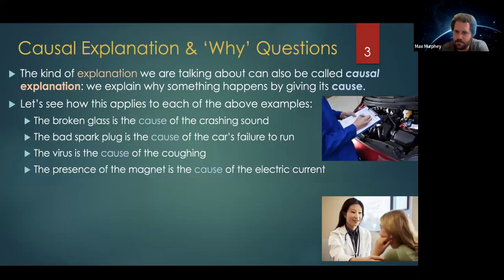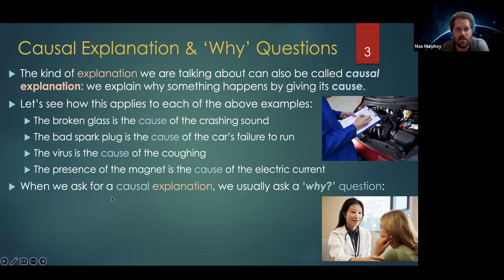So when we ask for a causal explanation, this is really an additional feature here, but we've been using the word why throughout, explaining why something happens, explaining why something is the way it is. So when we ask for a causal explanation of something, we usually ask a why question.